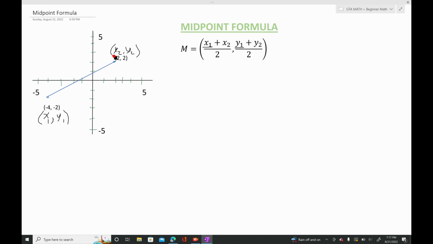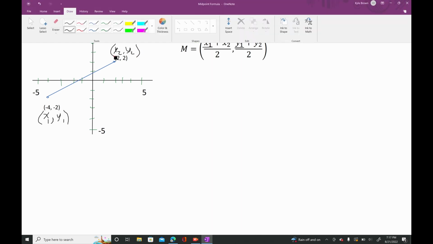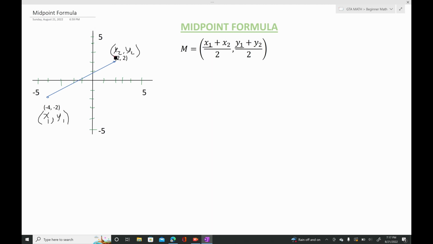So now what we're going to do is put this information into this formula. We're going to put m equals, and we're going to say, where's our x1? Right here. So we're going to put -4 here, and we're going to find our x2, which is here, and we're going to put +2.